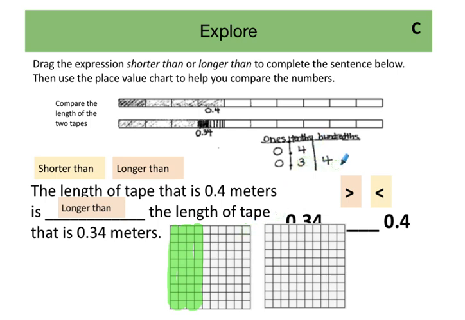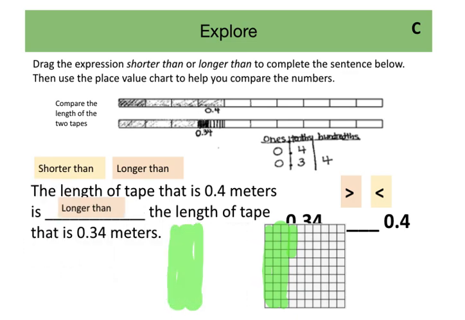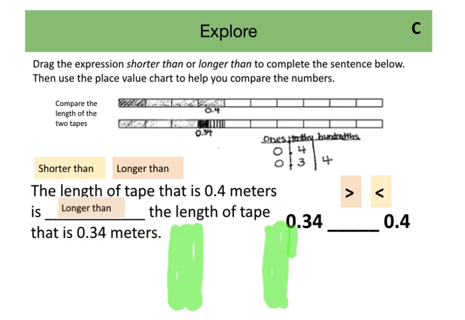And if we shade in 34/100, that would be 10, 20, 30, and 4 more. Now look at it. Which one looks like more to you? Yeah, this one. Let me move these out of the way so we can finish looking at these problems.